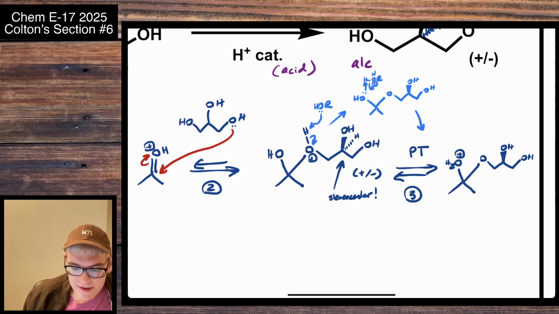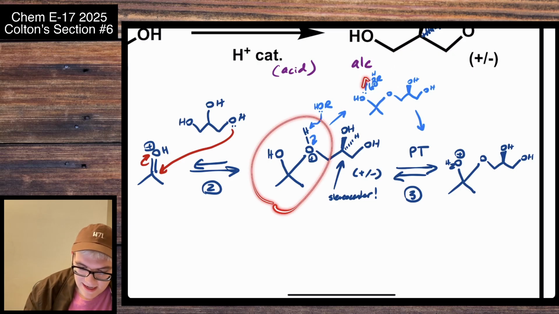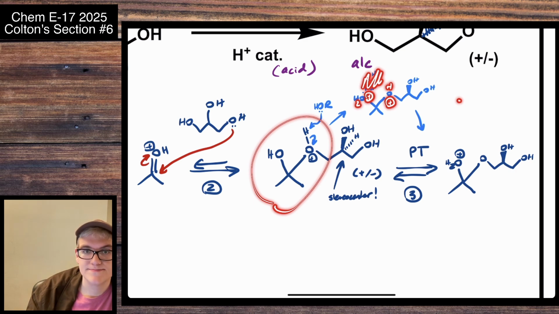The other thing that I saw is that the order does matter. You 100% would want to deprotonate this before you protonate the other one. Why would we not want to protonate this first and then get an intermediate that has this and this? Why is that not favorable?